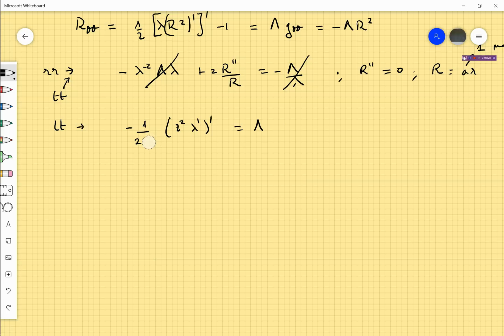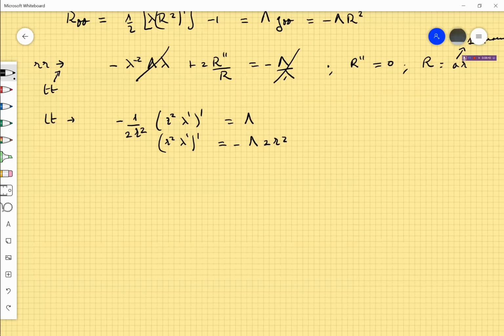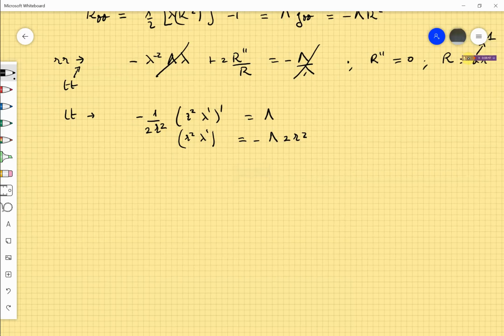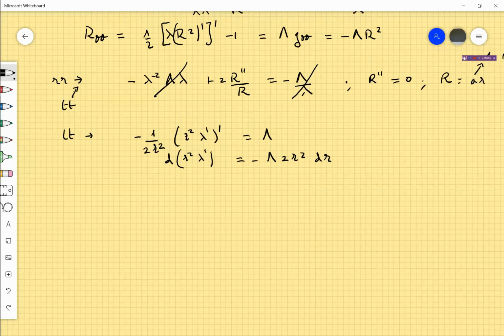This is just r squared, and then we have r squared lambda prime prime equal to minus lambda 2r squared, which you can integrate immediately. Remember, this is just d of this divided by dr, so we take dr to the other side and we integrate.